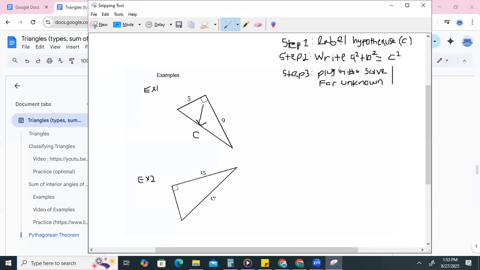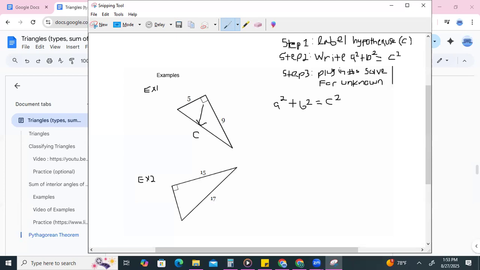Step two will be to write the Pythagorean theorem, which is a squared plus b squared equals c squared. Once you have written that, you're going to plug in your values for A and B, and leave any unknown as a letter.